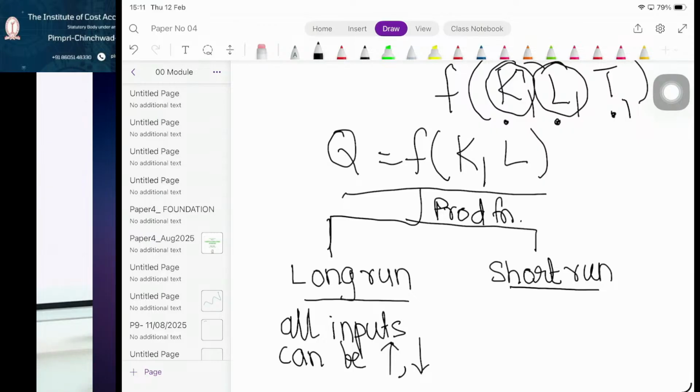The up arrow means you apply more of the inputs, down arrow means you reduce the inputs. So a long run is a situation where all inputs can be increased or decreased. Have you got this? Long run function, have you got?